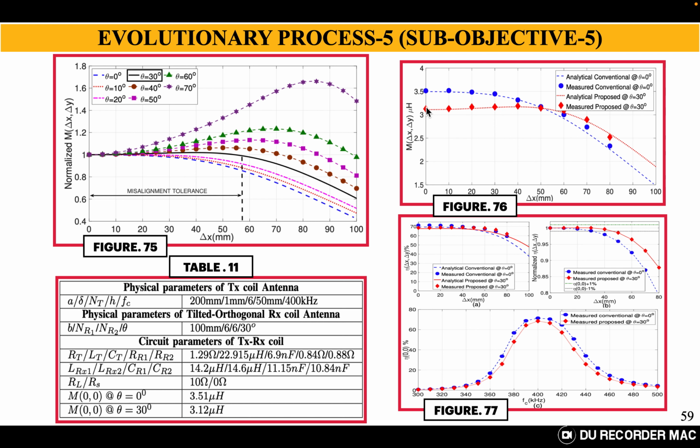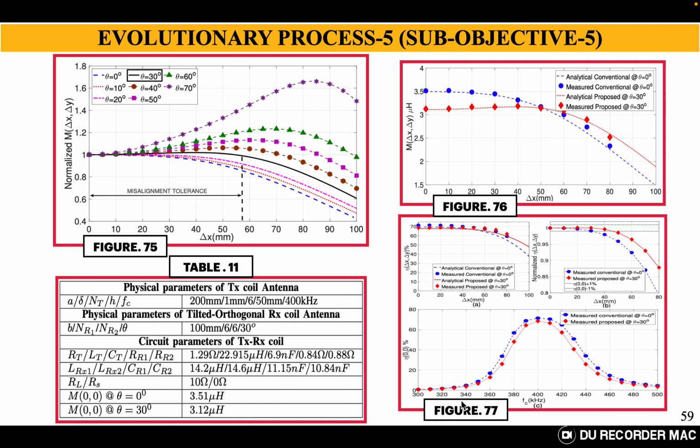Why this decrement? Under theta equal to 0 degree, the entire Hz is contributing towards the receiver plane. But the moment there is a tilt, under perfectly aligned condition, a part of Hz will be decreased because of the tilt, as it will not receive a part of the Hz component. Because of that, the value is slightly compromised in figure 76.